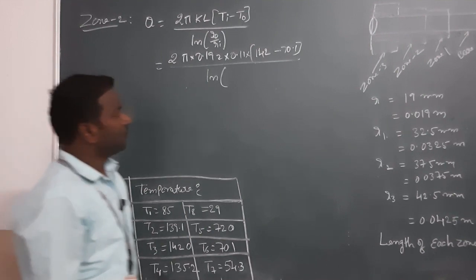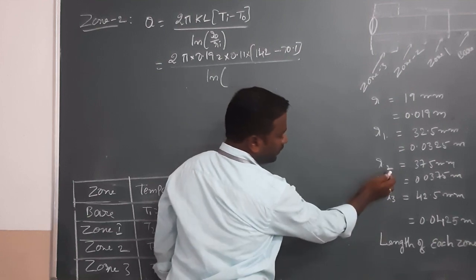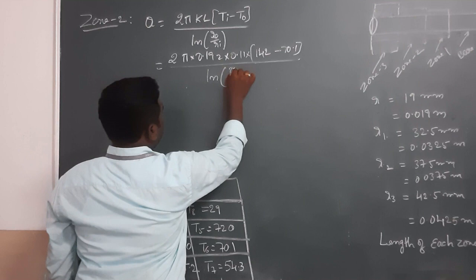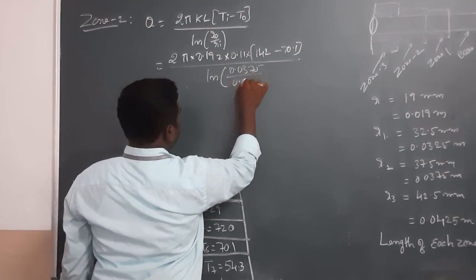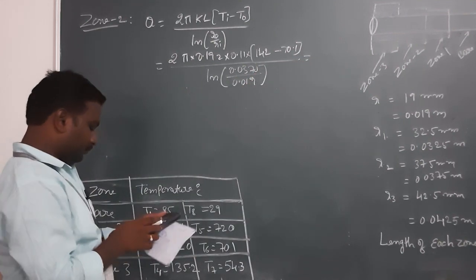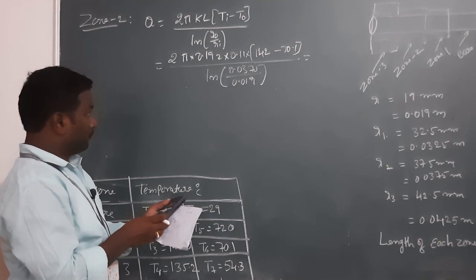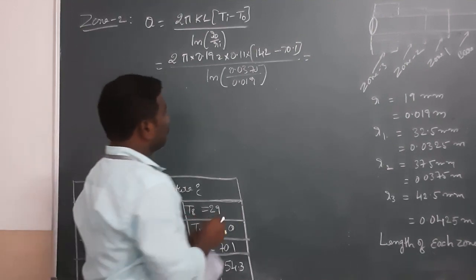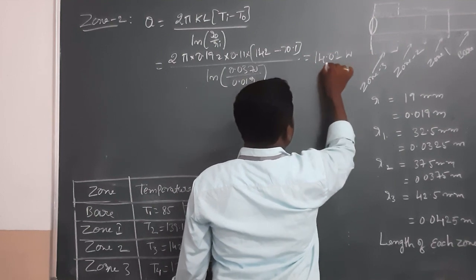The inside radius is 0.019 meters, the outside radius of the zone is 0.0375 meters. Calculate this value: 14.02 watts.